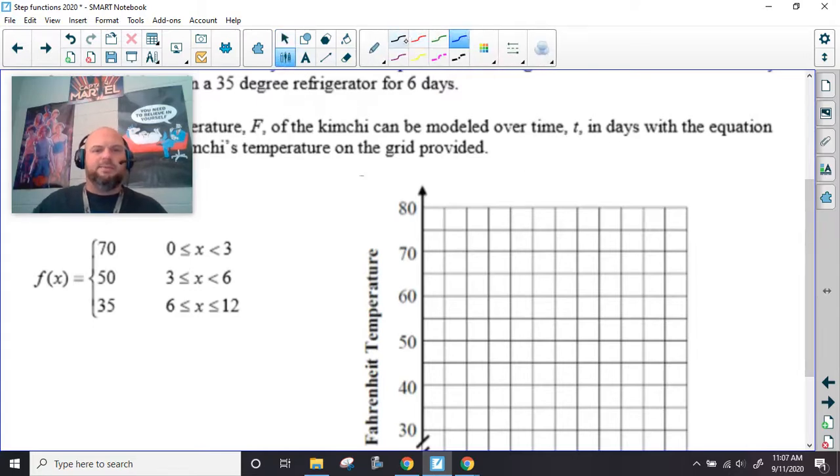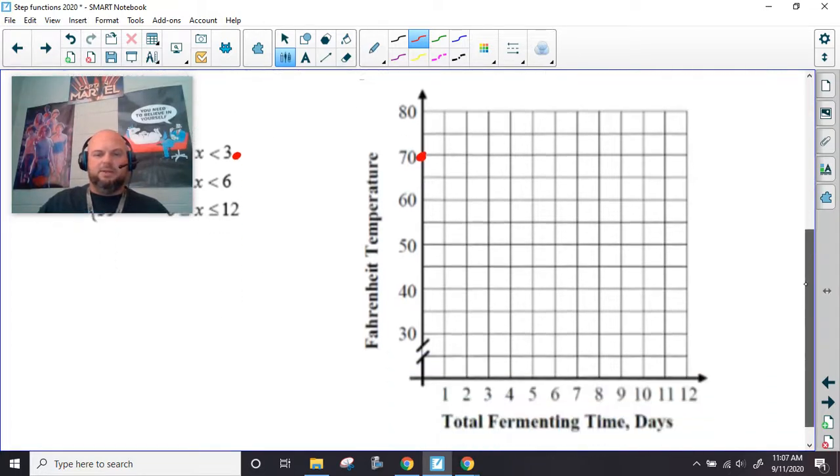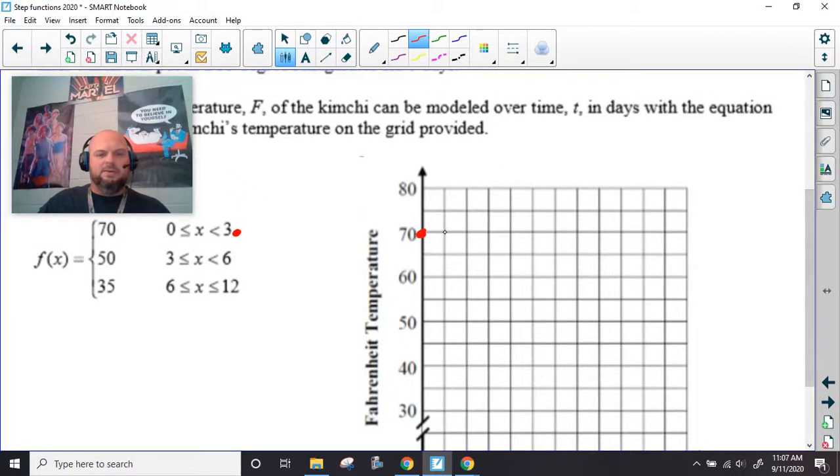All right, so use my colors. I'm going to go to 70. We have a closed circle at 0, and then make sure I'm on the right thing. Yep. So 1, 2, and 3, open circle, and bam. All right. So 50, closed circle at 3, 4, 5, 6, open circle.